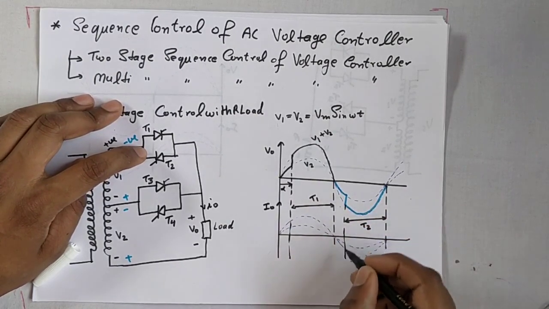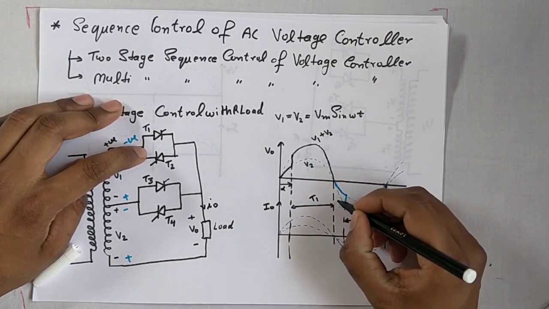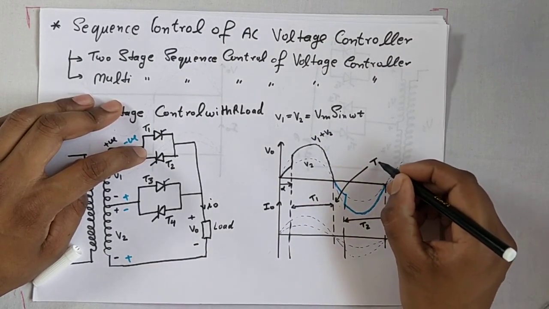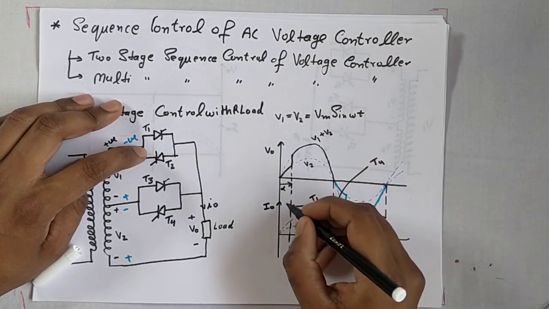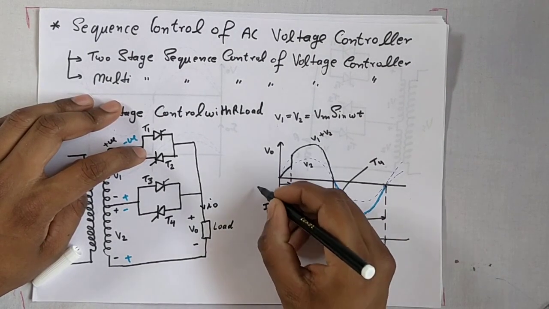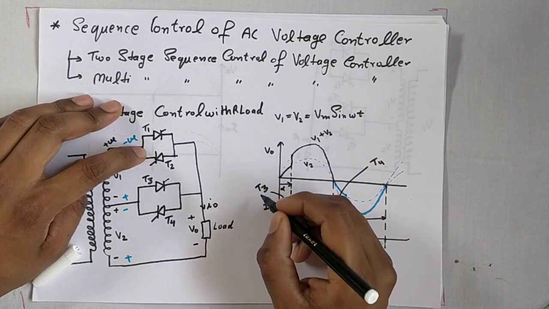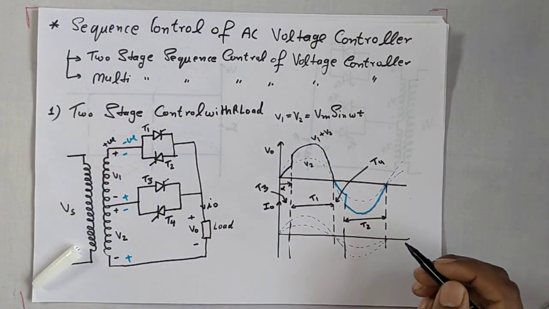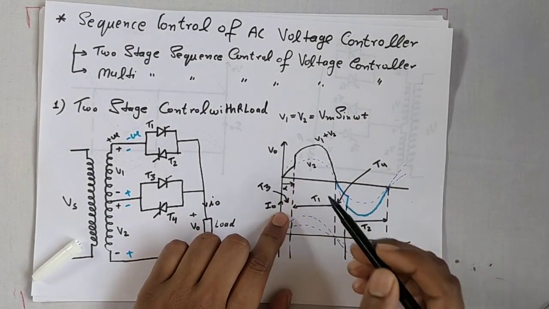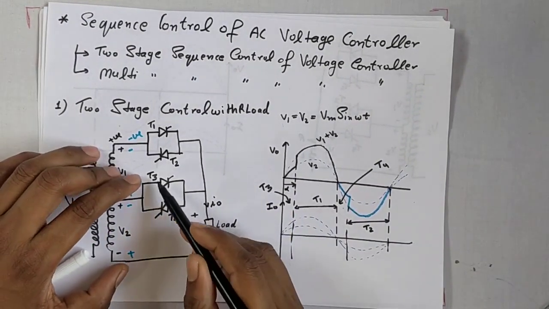And in this, which one is on? T4 is on, and in this, which one is on? T3 is on. Okay, so when T3 is on, then output voltage is V2.